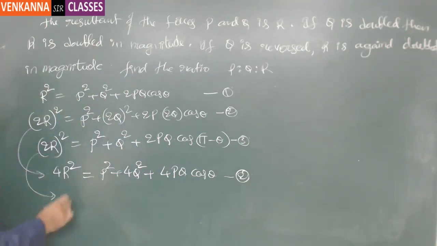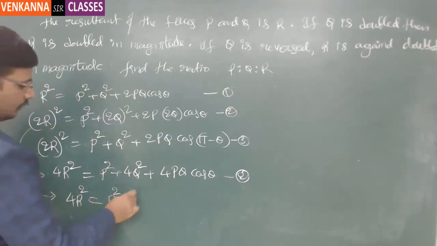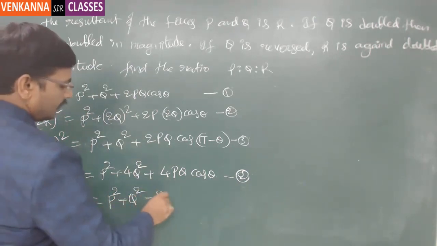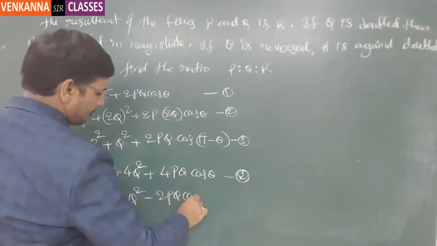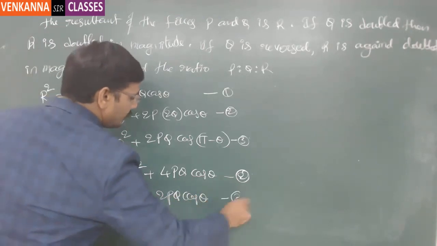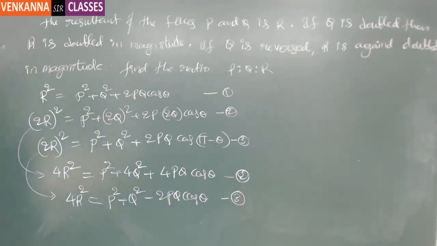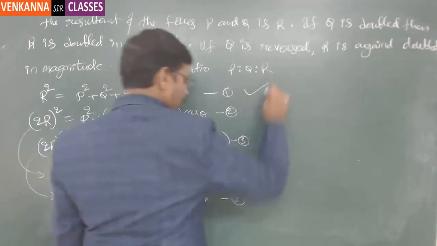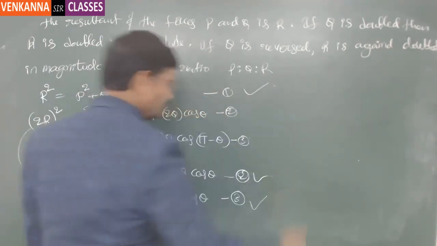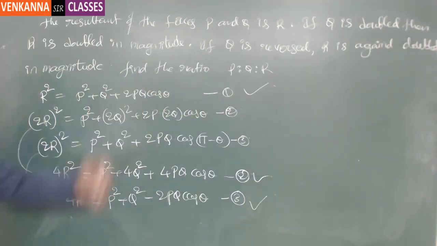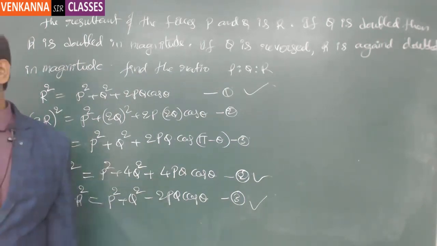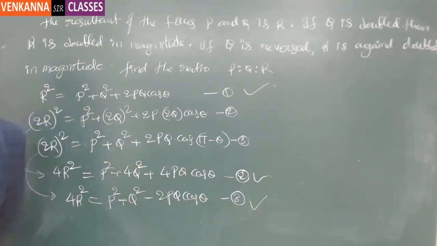And this equation is 4R² = P² + Q² − 2PQ cos theta. Now you need to solve all the three equations, equation number 1, equation number 2 and equation number 3, and then try to arrive at the P is to Q is to R ratio. Try to solve this. Anybody got it?